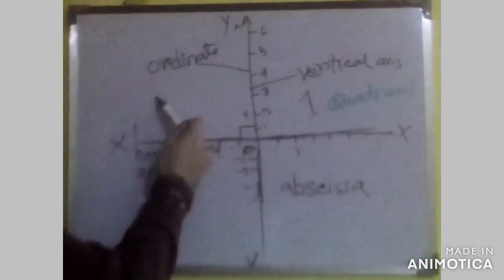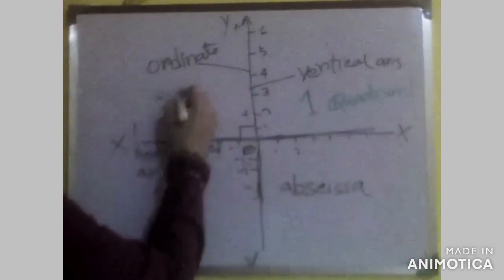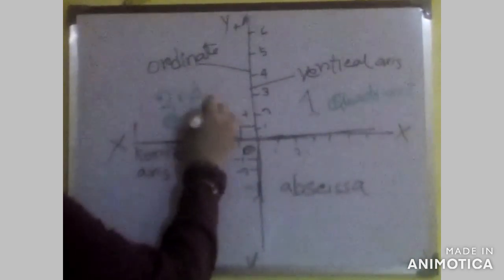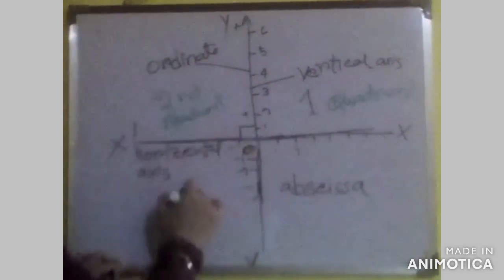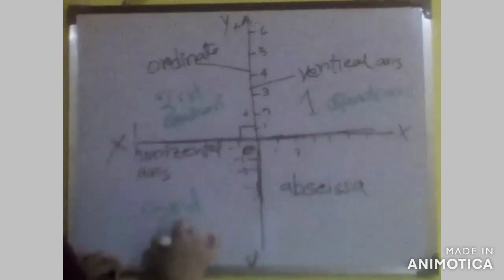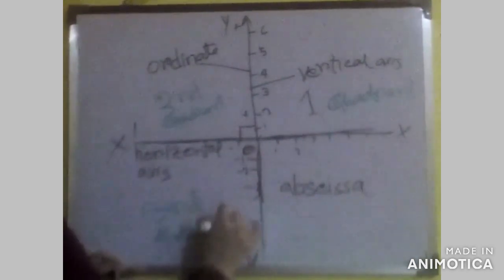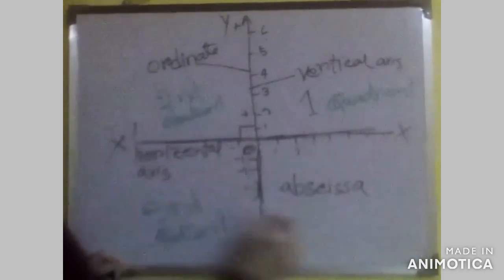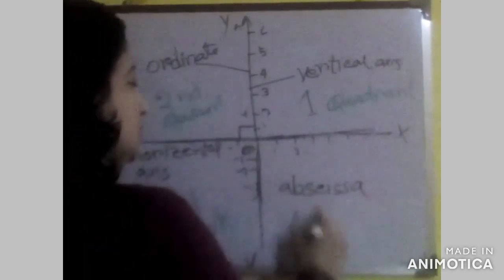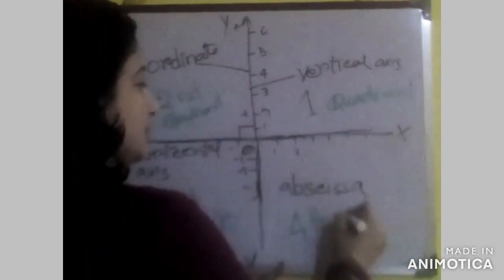Next, this one is called the second quadrant. This one is called the third quadrant, and last but not least, this quadrant is known as the fourth quadrant.